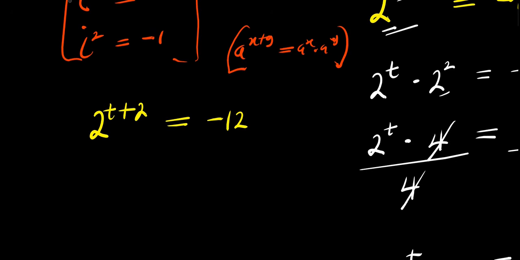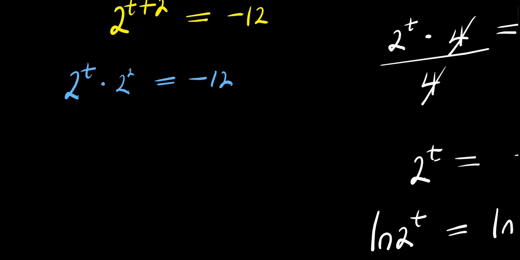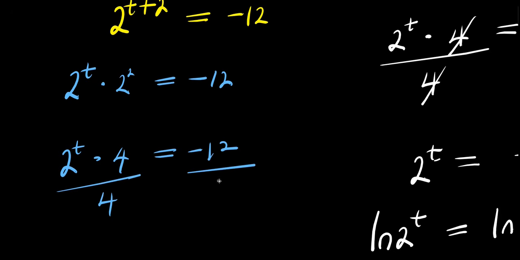So this will give us 2 power t times 2 power 2 equals -12. From here we have 2 power t times 4 equals -12. This divides 4, this divides 4. 4 eliminates 4.